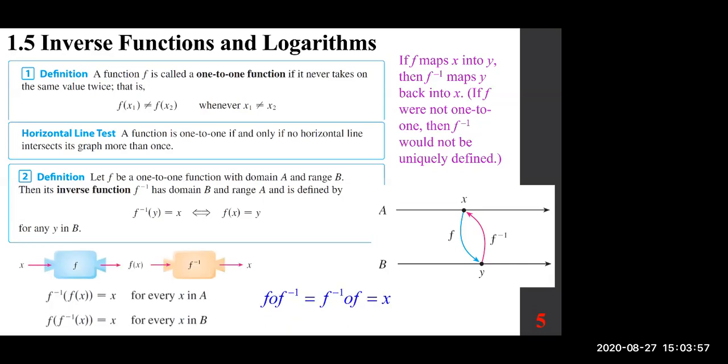Now, if we look at it from a function machine point of view, take a look at what happens. When you enter the x into the f of x machine and then into f inverse, they undo each other and we get x. And this has a lot of applications, for example, encryption.